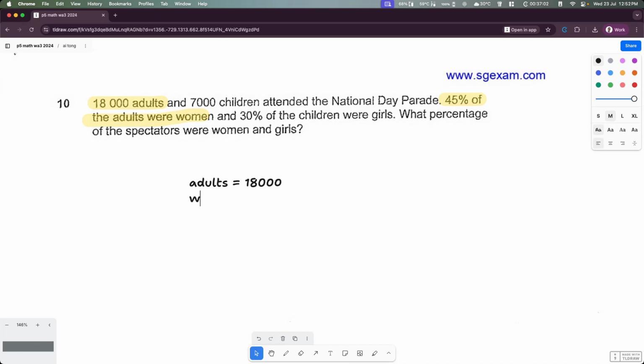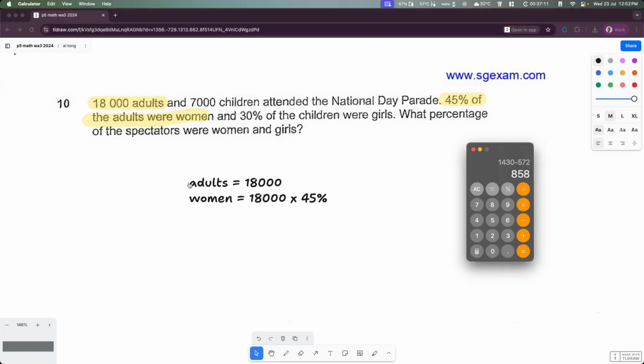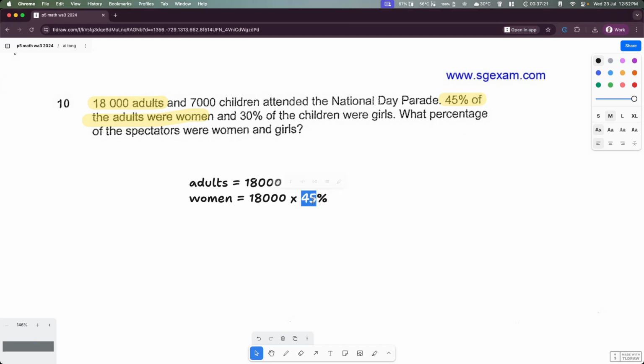So women is basically 18,000 times 45%. Okay, so let's use the calculator. 18,000 times 45% is equal to 8,100. Okay, so we have our first part already done.